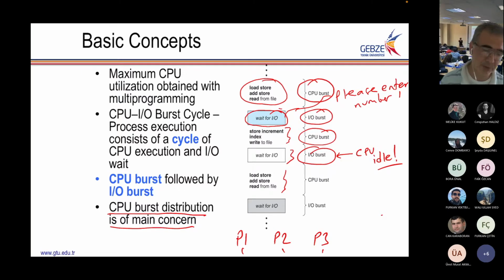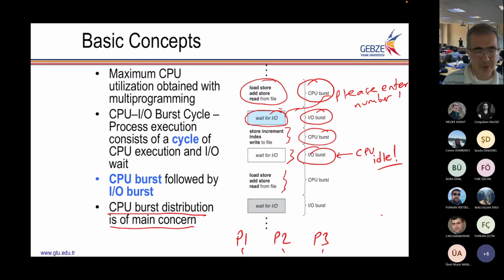So how do we distribute CPU bursts so that the throughput of the system is increased? So we will have the best available throughput for the CPU. In the last lecture, I discussed this a little bit, but today I put images to make it more understandable.